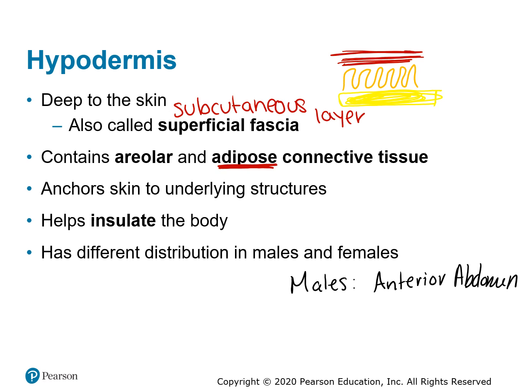That's kind of what we're talking about when we're talking about that hypodermal distribution. And in biological females, that hypodermis tends to spread first to the thighs and the breasts. Okay? Cool?